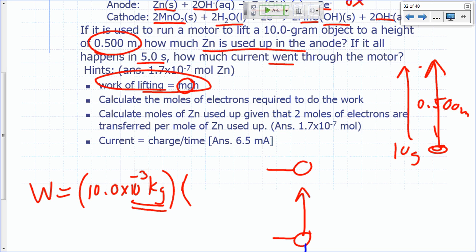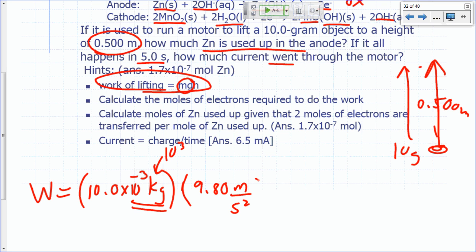Remember, kilo is 10 to the third, so 10 to the negative 3 times 10 to the third is 1. Acceleration due to gravity is how much? You remember from physical science? 9.80 meters per second squared. And our height is half a meter, 0.500 meters.